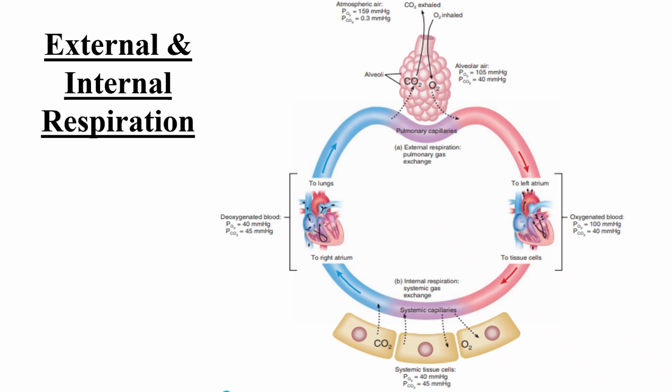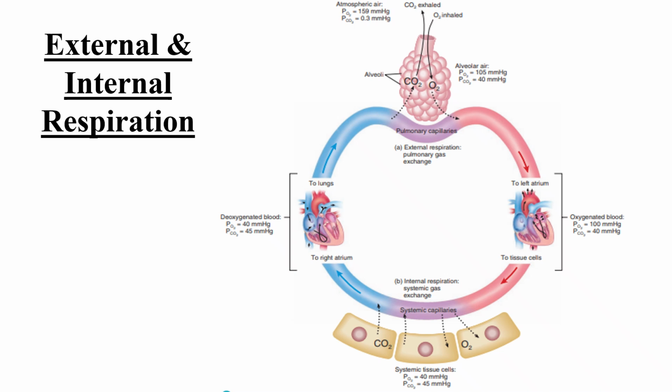In case of external respiration, oxygen diffuses from the alveoli, where its partial pressure is 105 mmHg, into the blood in pulmonary capillaries, where the partial pressure of oxygen is only 40 mmHg. The diffusion continues until the partial pressure of oxygen in the pulmonary capillary increases to that of alveolar air, that is 105 mmHg. While the oxygen is diffusing from the alveolar air into the deoxygenated blood, carbon dioxide is also diffusing in the opposite direction.